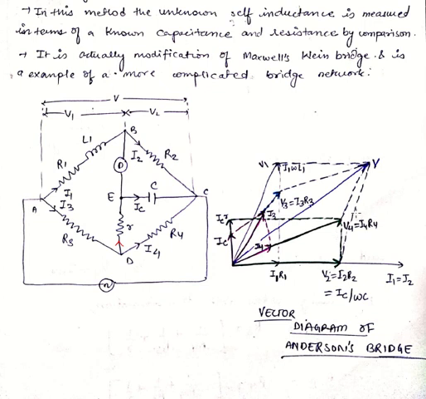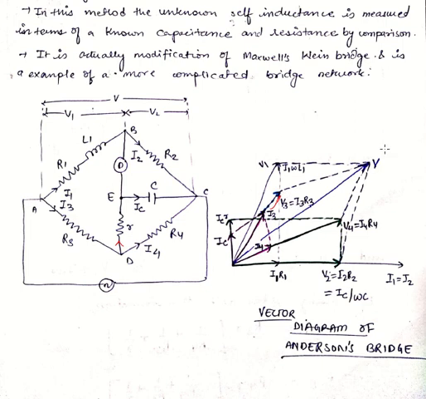So we get V4 equal to I4 R4, and in the same phase we have I4. The resultant of IC and I4 will give us I3. Here we can see that the current I3 coming from this arm is equal to the resultant of IC and I4. Extending this, we have V3 equal to I3 R3.